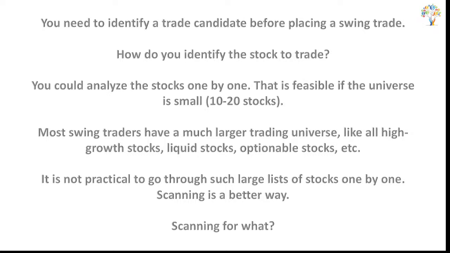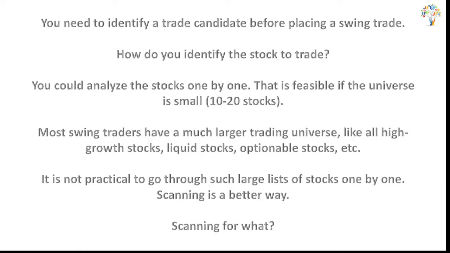That is feasible if the universe is small, 10 to 20 stocks or less. Most swing traders have a much larger trading universe, like all high growth stocks, liquid stocks, optionable stocks, etc. It is not practical to go through such large lists of stocks one by one.